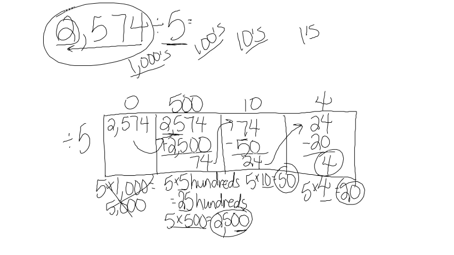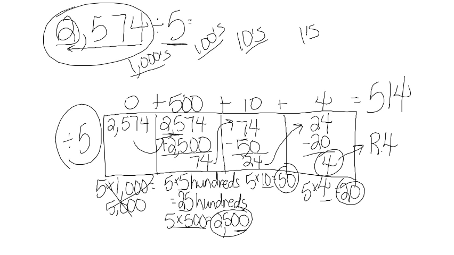Now this 4 is smaller than my divisor of 5, so I know that this is what I have left over, because I can't subtract any more multiples of 5. So this is going to be my remainder. Okay? Last step is to add up the partial quotients to find the answer. The answer will be 514 is my quotient with a remainder of 4.